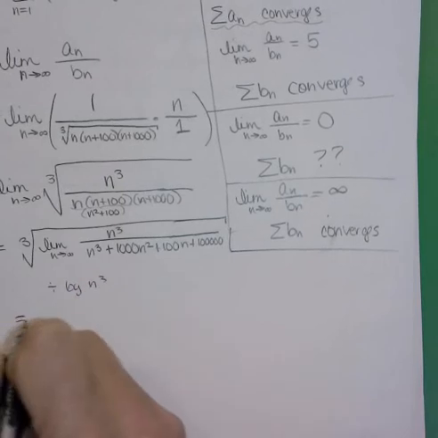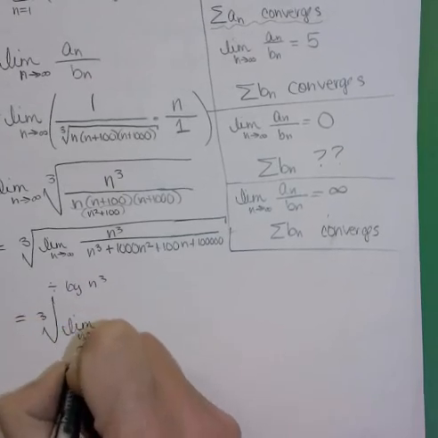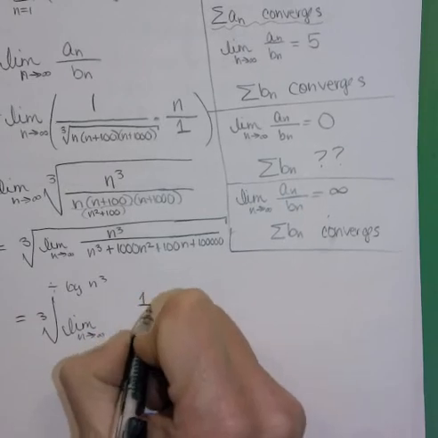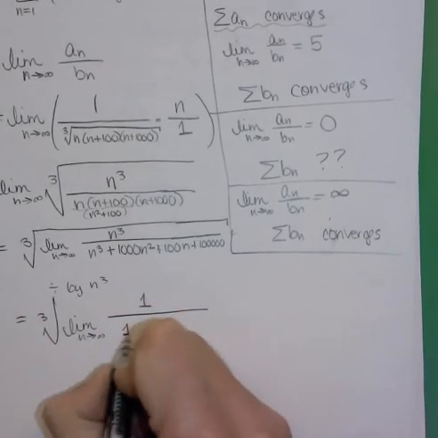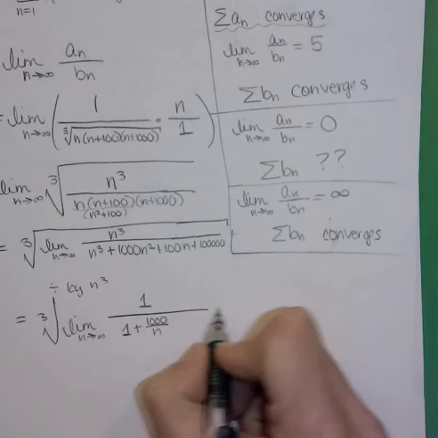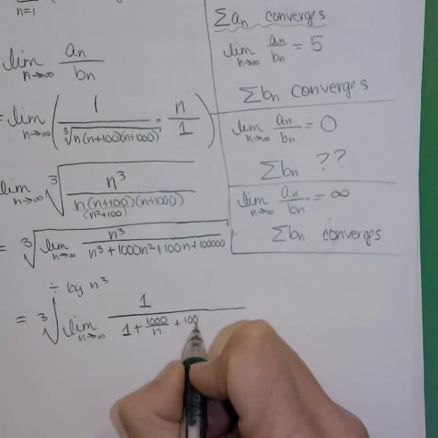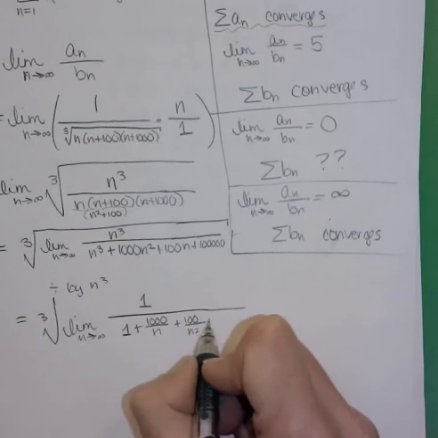So we just have 1 in the numerator and 1 plus 1,000 over n plus 100 over n squared plus 100,000 over n cubed.